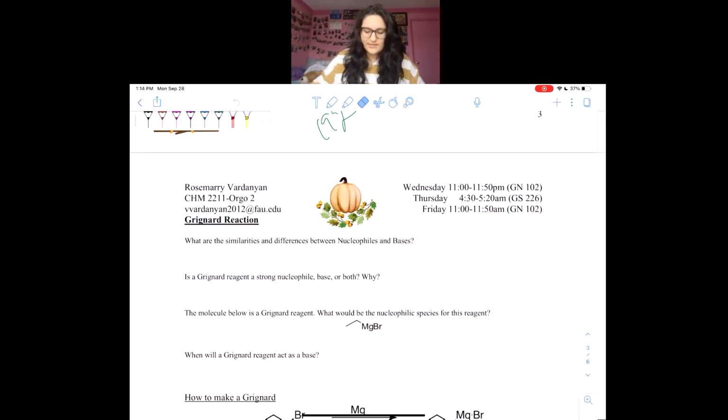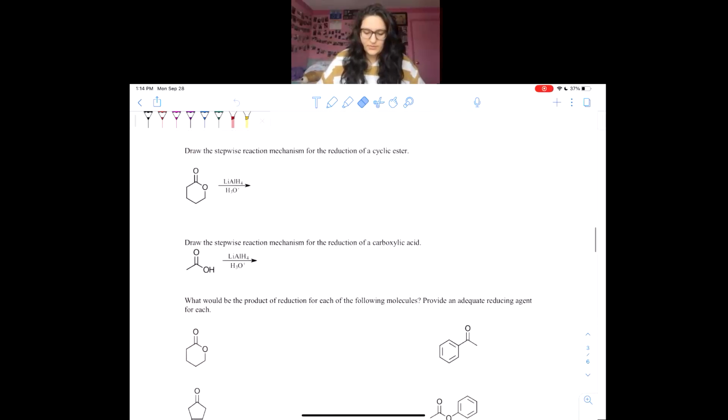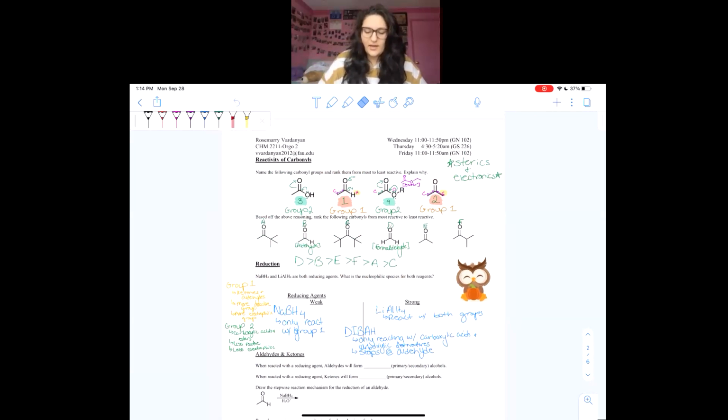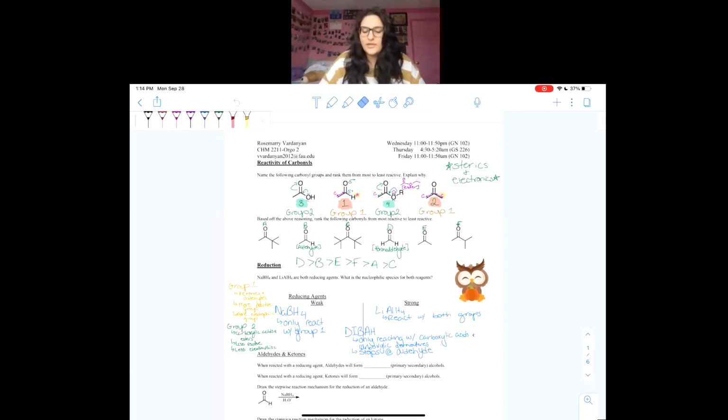So today we are going to do chapter 12. Last week we ended off starting reduction reactions, and we basically just talked about our reducing agents. So we had NaBH4 and LiAlH4.